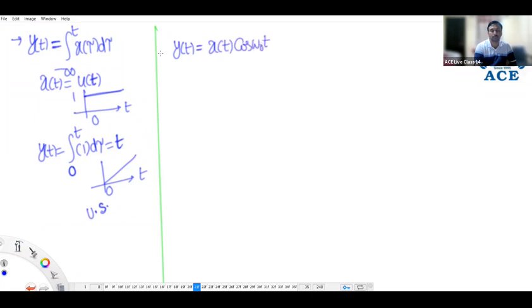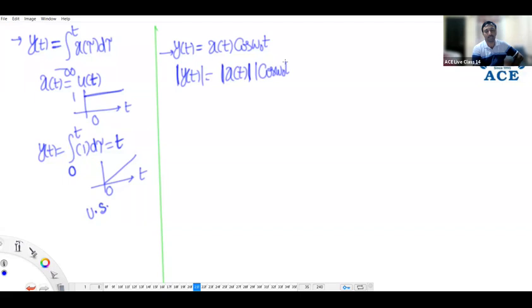Everyone comment on the modulator. Simple example, x(t) times cos. Stable or unstable? Modulus of y(t) equals modulus of x(t) times modulus of cos.